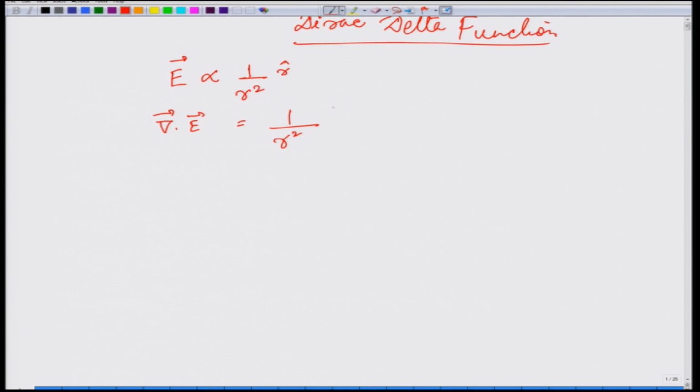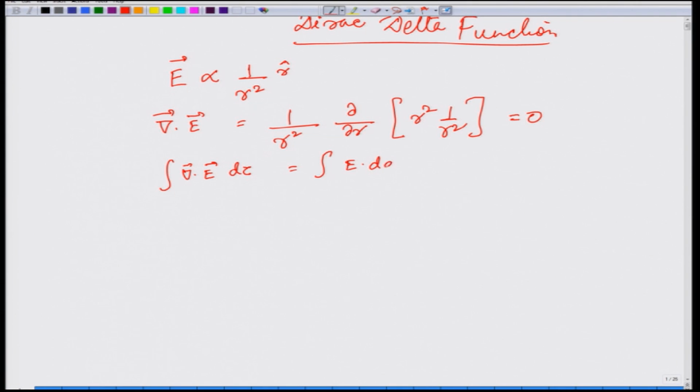1 by r square del by del r of r square into 1 by r square, which comes out to be 0. But meanwhile, we also know that the integral of divergence of E d tau should be equal to the integral of E dot dA from our divergence theorem.